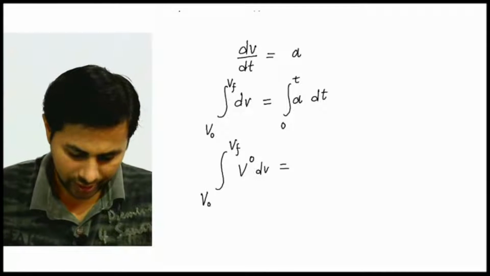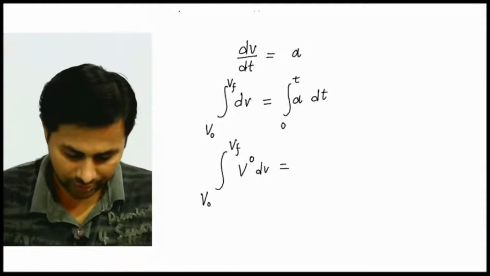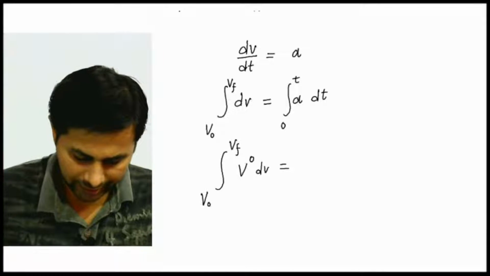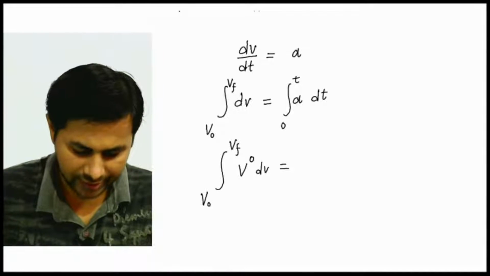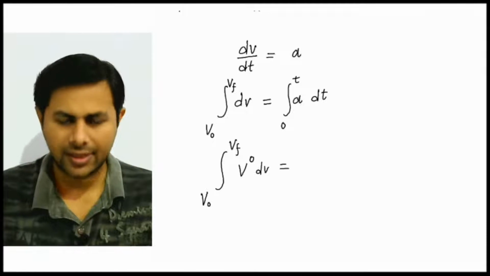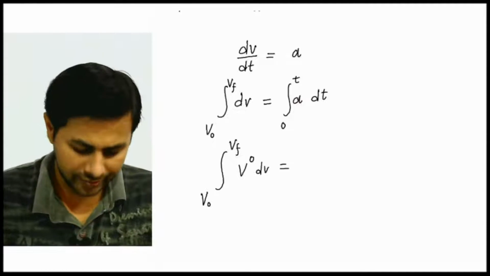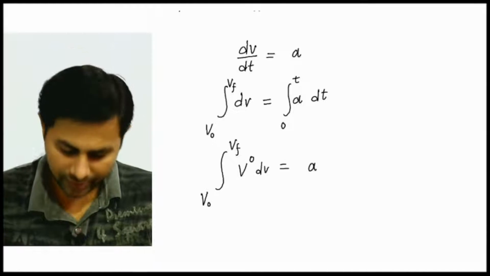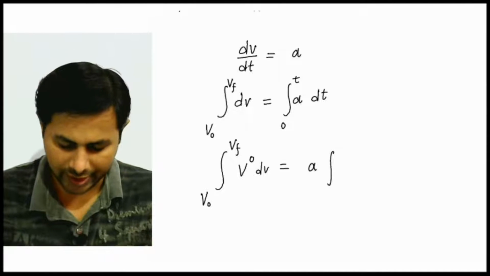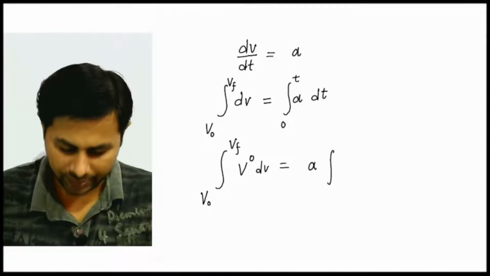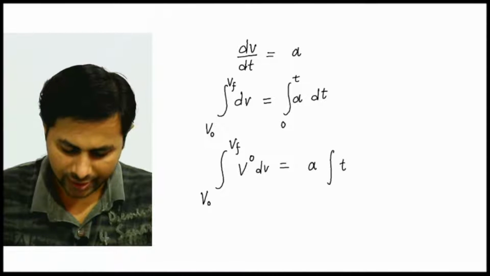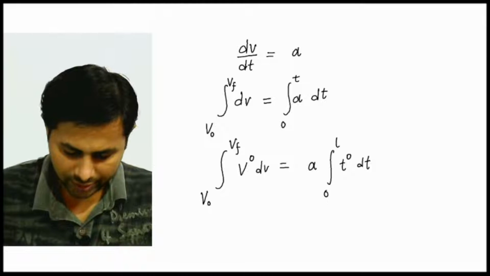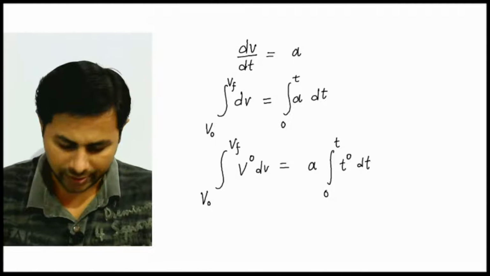Okay, so this is legitimate to write it like this. And similarly on right hand side, what I can do is I can take a outside of the integral because it's a constant, it does not depend on t. So this is equal to a times integral of dt, and here also I can write t raised to 0 dt. Okay, because anything raised to 0 is 1.